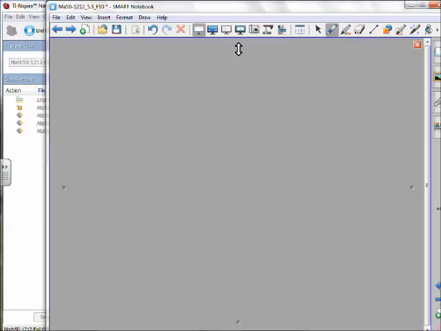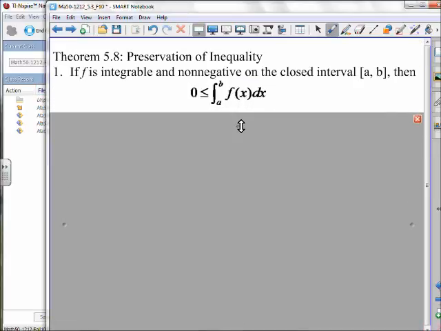Okay. Preservation of inequality. Let's see what this has to say. If the function is integrable and non-negative on the closed interval from A to B. Non-negative. The function is non-negative. That means that all of the function lies where?